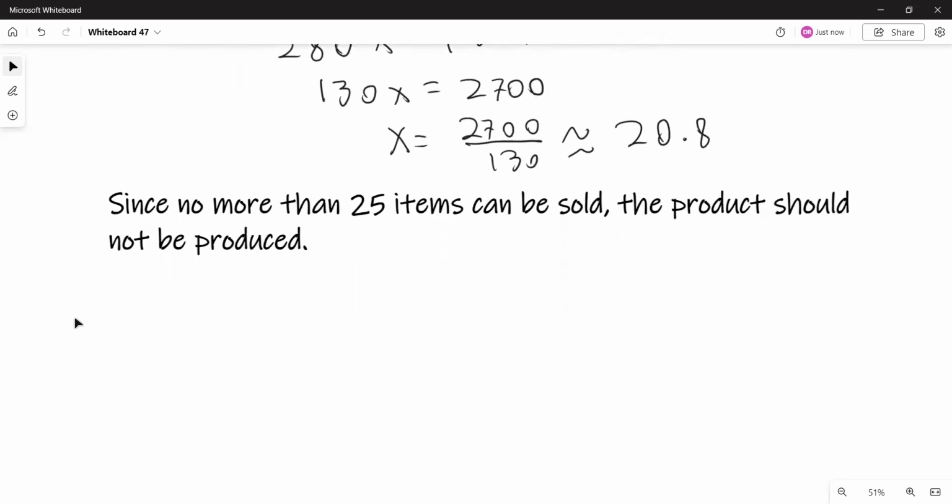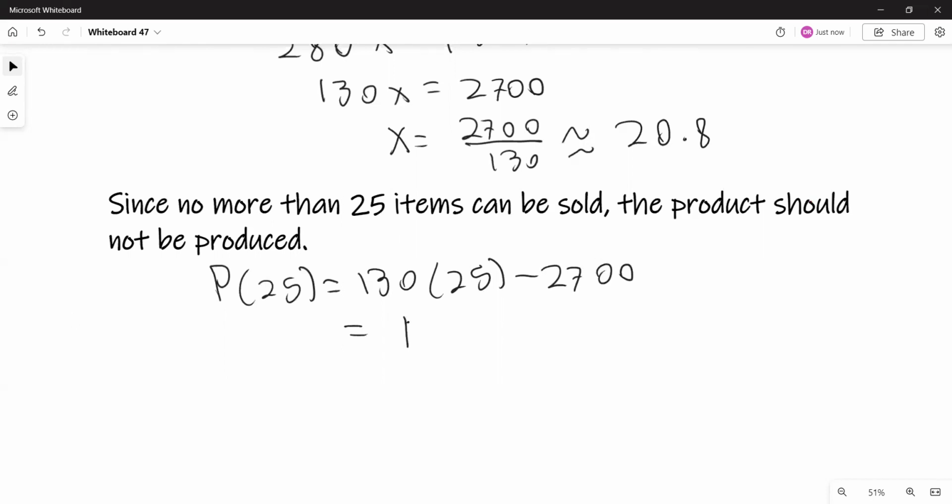The maximum profit would be 550. So P of 25, the profit function is 130X minus 2,700, and this is 5,500. So no, 550, not 5,500.